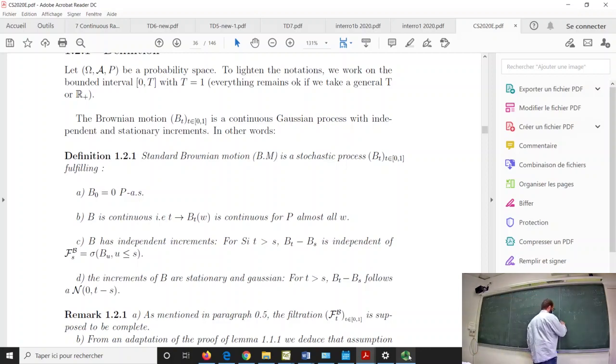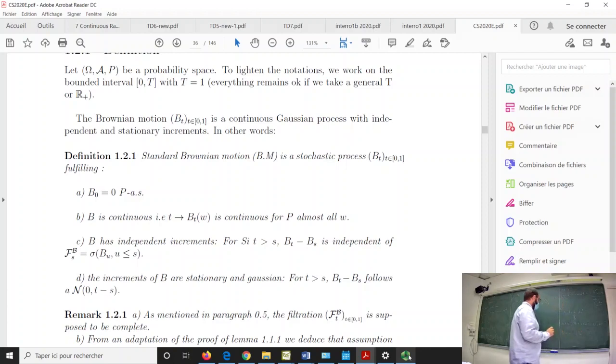Equivalently, for all n belonging to N star, for all T1 less than T2 less than Tn, I can always suppose that they are ordered. It will simplify things later on.